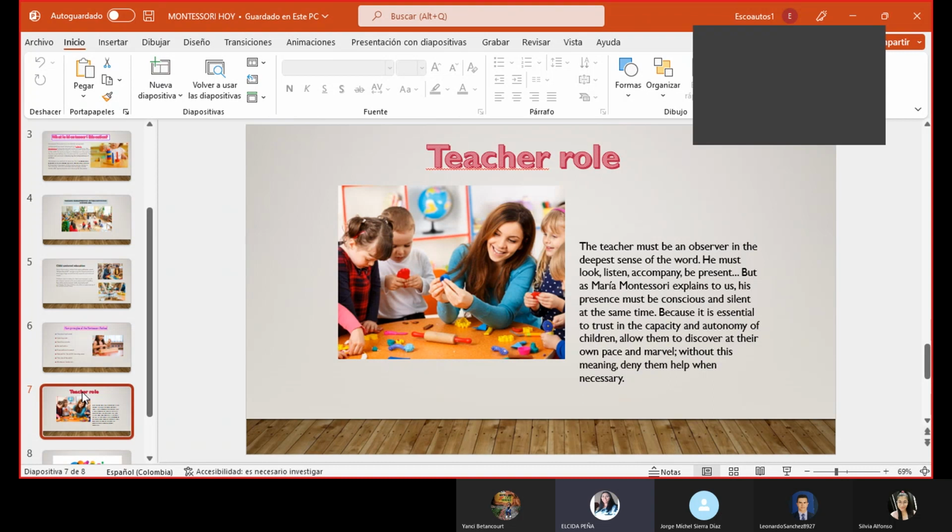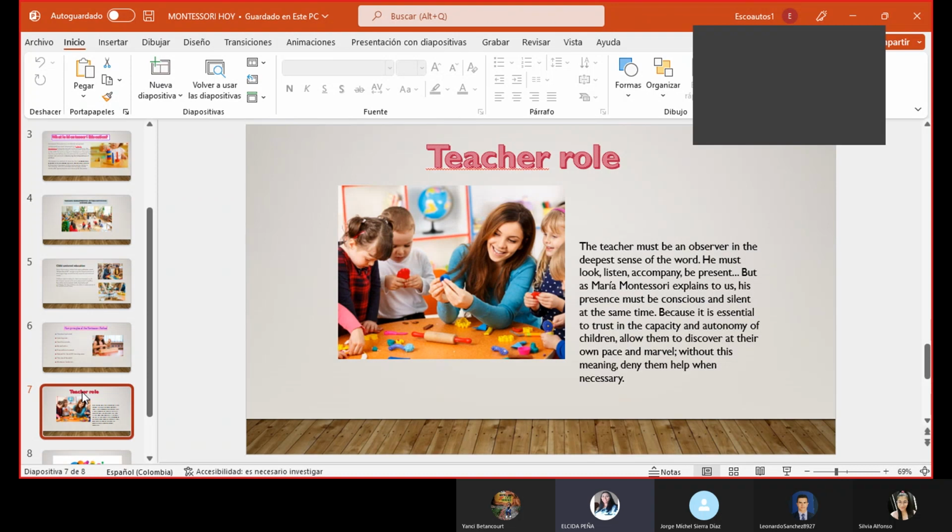This is the teacher's role. The teacher must be an observer in the deepest sense of the word. They must look, listen, and accompany by being present.